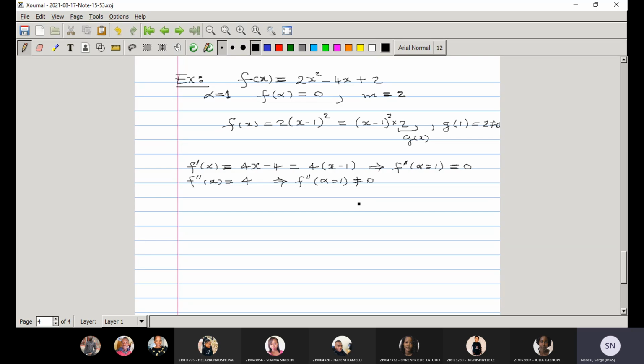Okay, so in other words, I can write that the k-th derivative of f at alpha will be 0 for any k less than m.